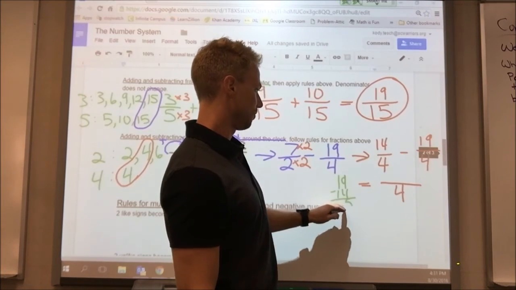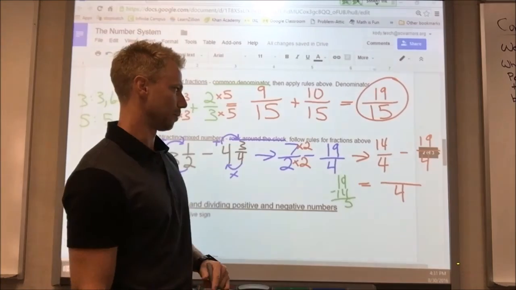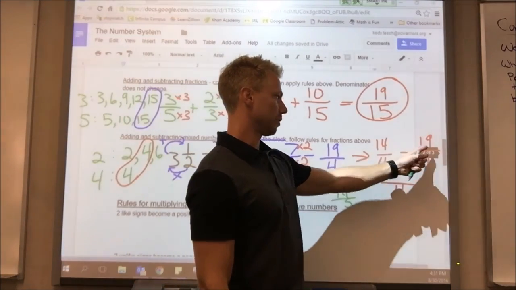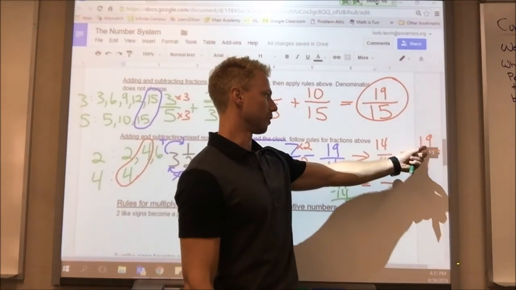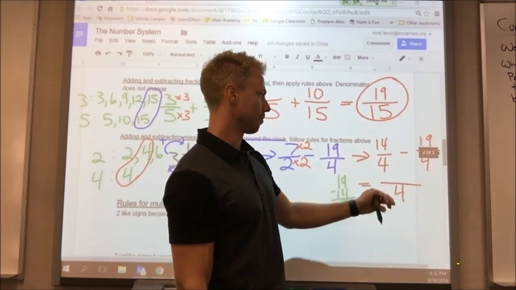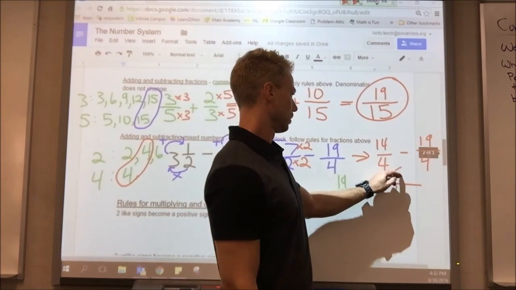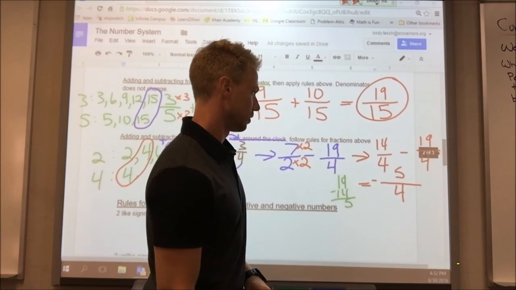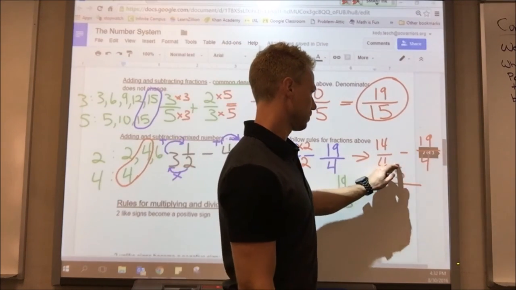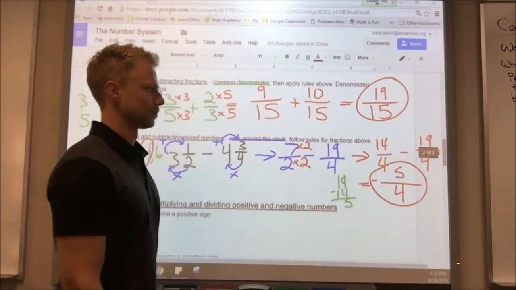That turns out to be 5. And then we keep the sign of the bigger number. What's bigger, 14 or 19? Well, 19 is bigger, and the sign is negative. So we're going to put 5 in our numerator, and our sign is going to be negative. So our answer is a negative 5/4 for that one.